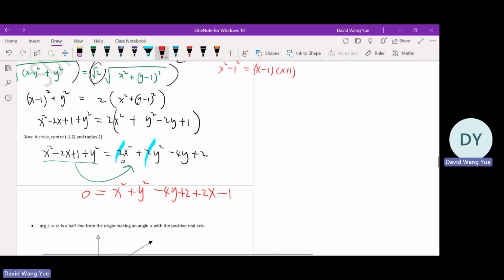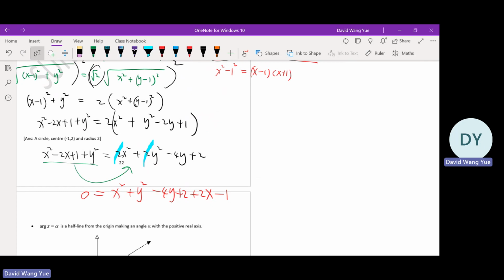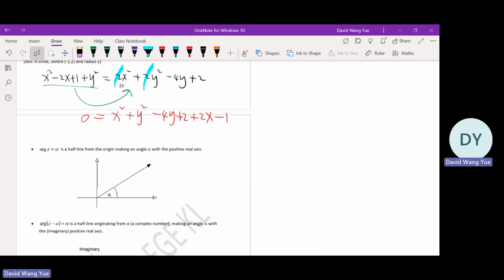Now x squared plus y squared minus 4y plus 2 plus 2x minus 1 equals 0. Now we can simply swap the left and the right, because this whole thing equals 0 means 0 equals that whole thing.